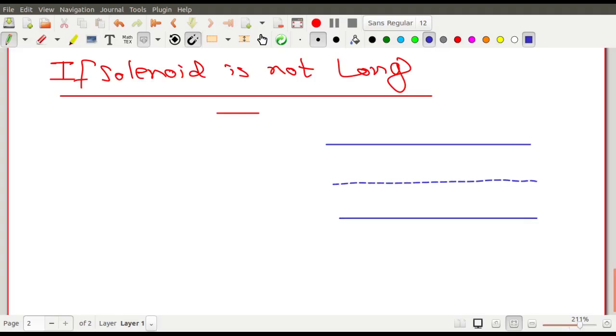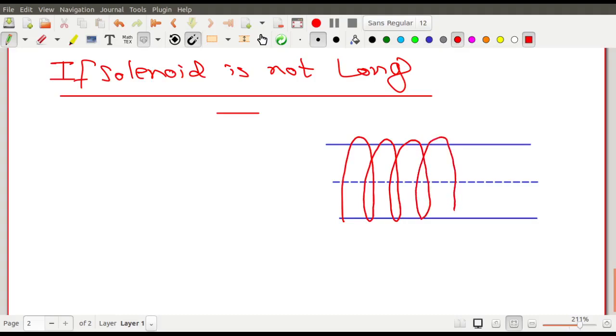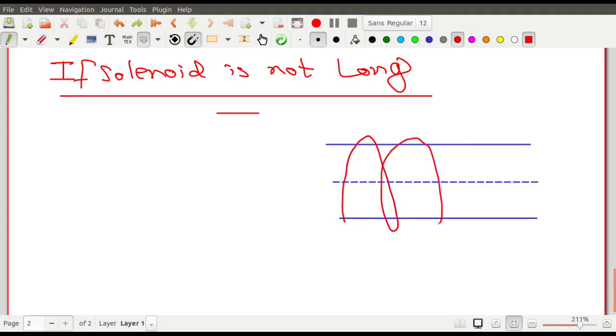It is the axis of the solenoid, and then you consider the turns over here. Okay, let it be like this.